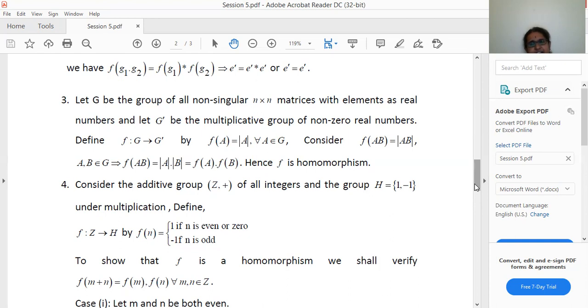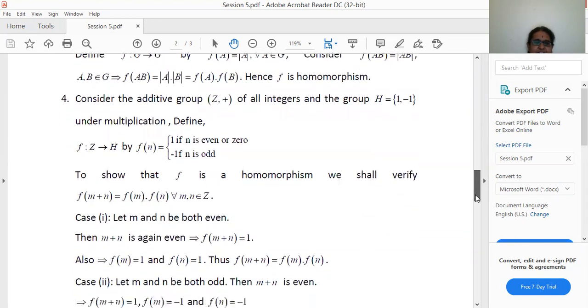So we have three cases. If we take two integers m and n, both can be even, or both can be odd, or one of them may be even and the other odd. In each case we have to show that f is a homomorphism. If it is satisfied in all three cases, then cumulatively we can say that f is a homomorphism.